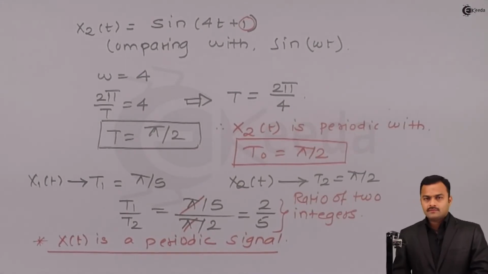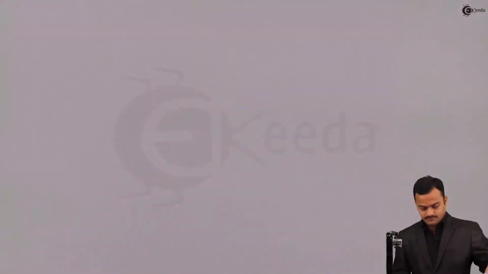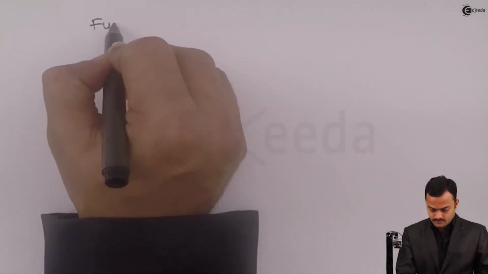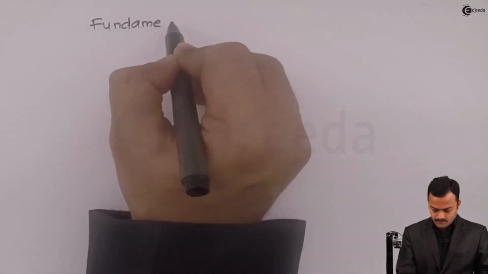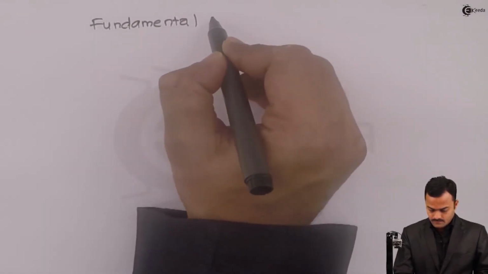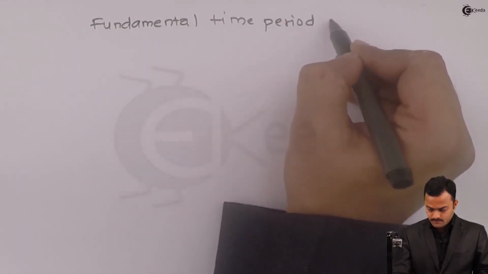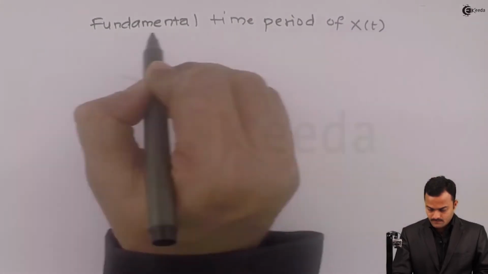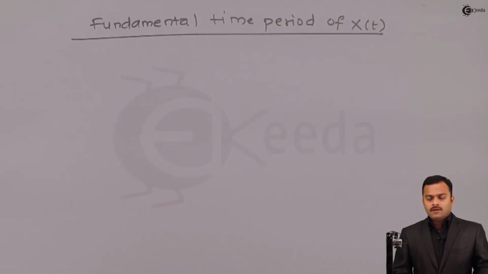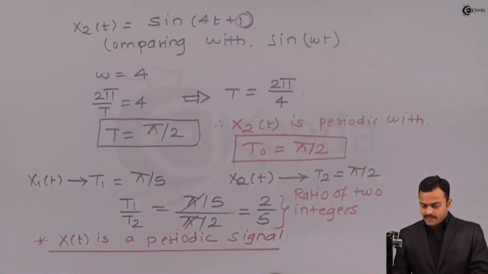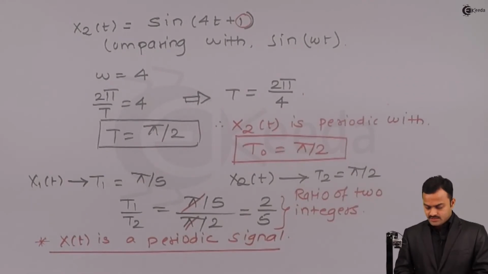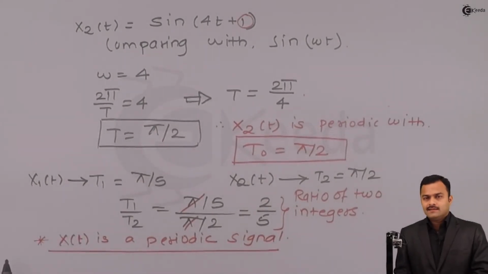Now the question left is to find out the fundamental time period for x(t). If T1 and T2 were integers, I could have said that the LCM of T1 and T2 will be the fundamental time period.